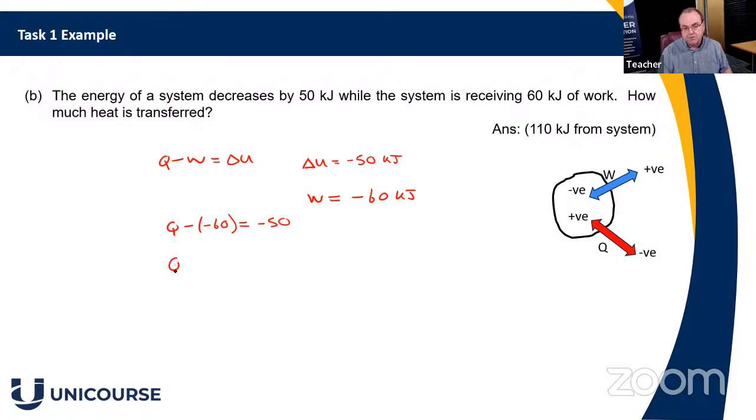So Q is equal to minus 50 minus 60, and that's equal to minus 110 kilojoules. So Q is negative, so that means it's out of the system. Now the direction is out of the system.